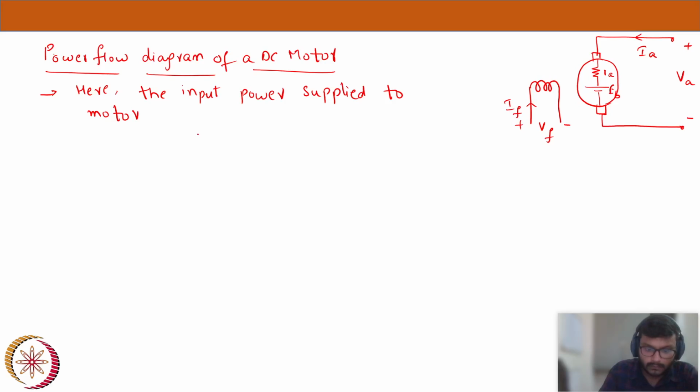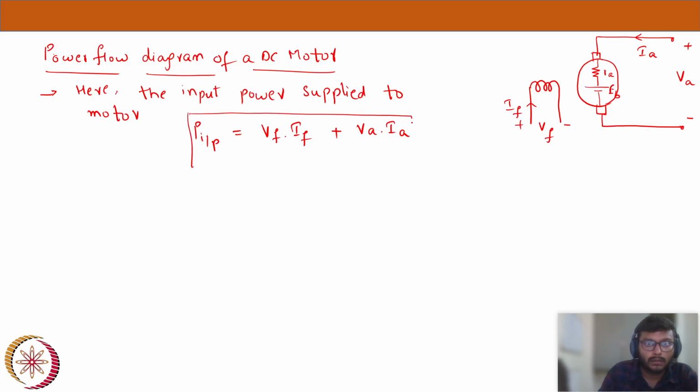I'm denoting it by P input, which equals VF into IF, the field circuit supply, plus VA into IA. This is the total input supply.